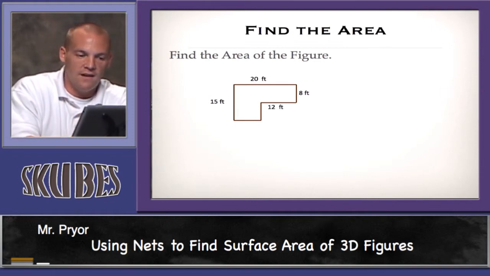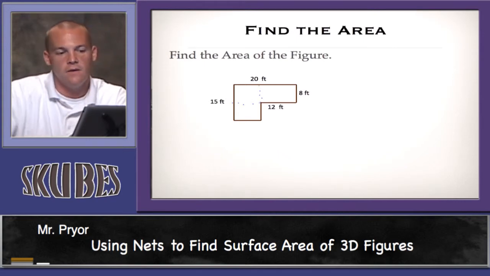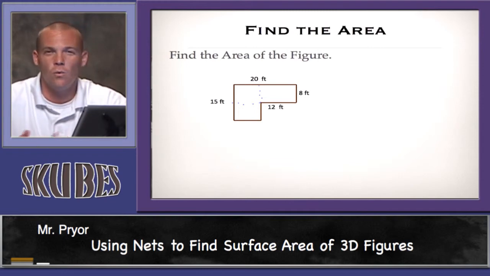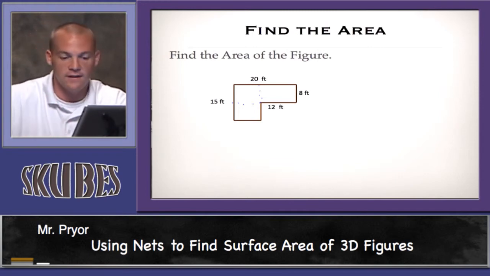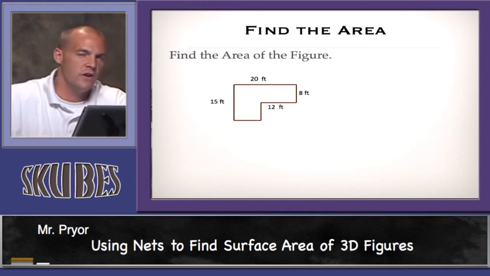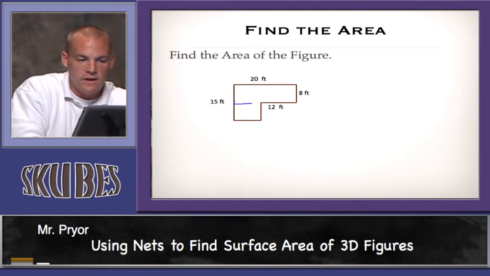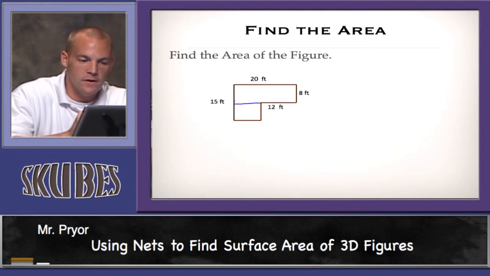Notice we can actually take this figure and separate it into 2 rectangles, one way this way or one way that way. And that would actually then be like the walls of a room if you were looking over your house again. So you need to just simply choose which way you want to do it. You can either connect from here to here, or you can connect from here to here.